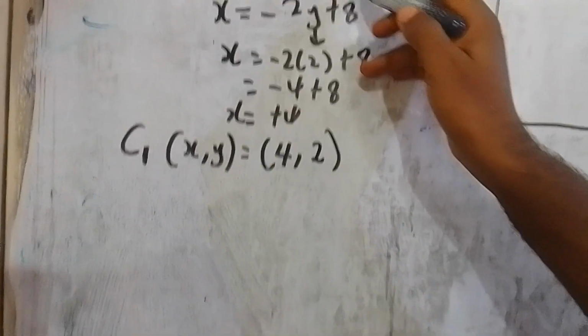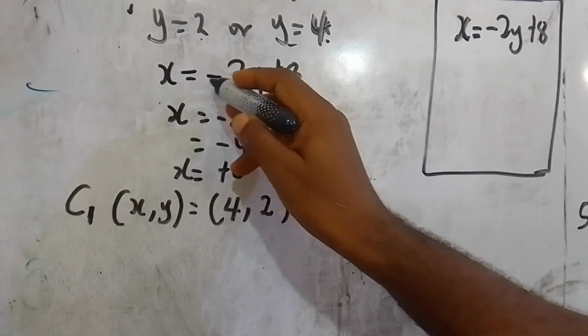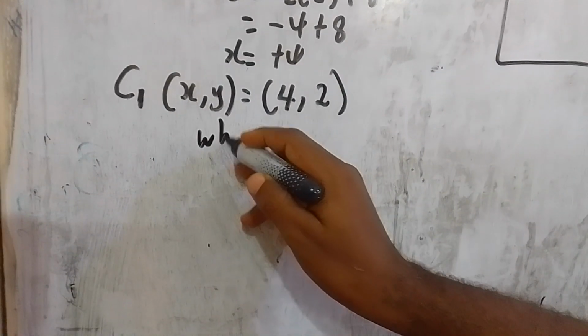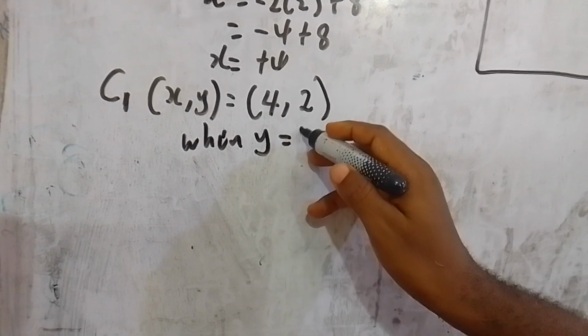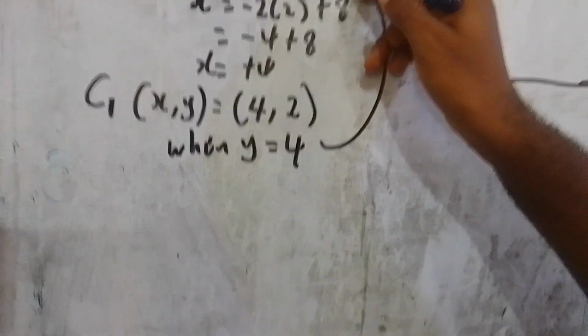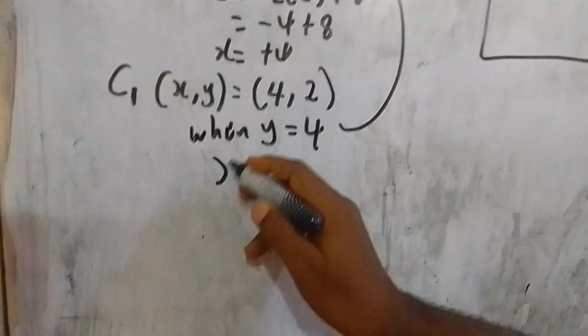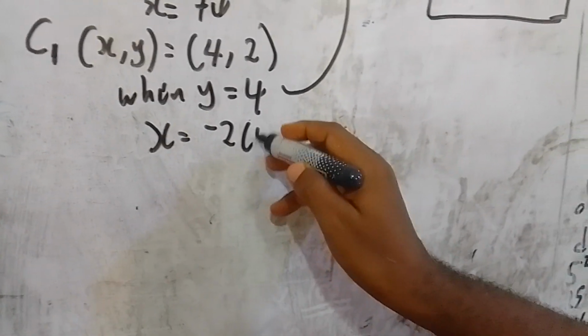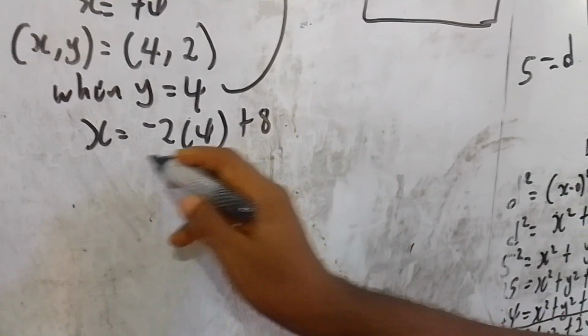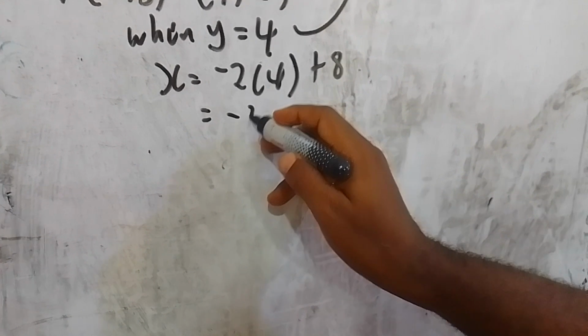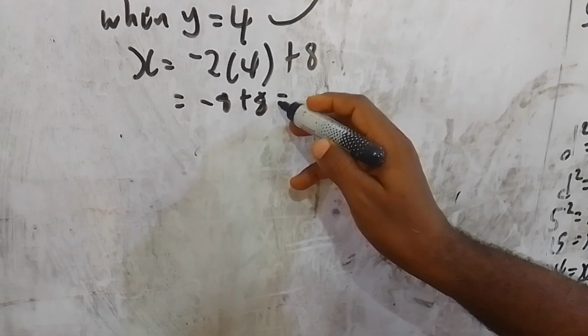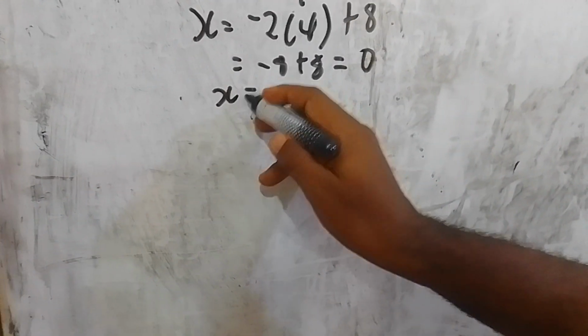Now when y is equal to 4, I will substitute here again. The x, when y is equal to 4, I have x to be minus 2 bracket 4 plus 8. And minus 2 times 4 is minus 8, plus 8, and this gives us 0. So your x is equal to 0.